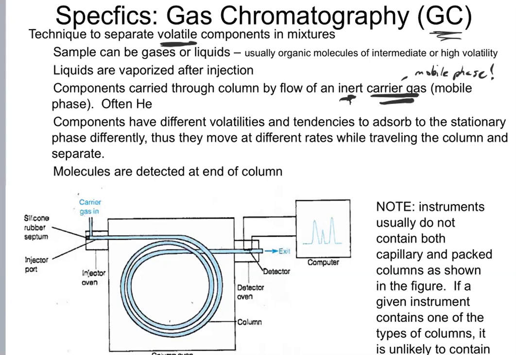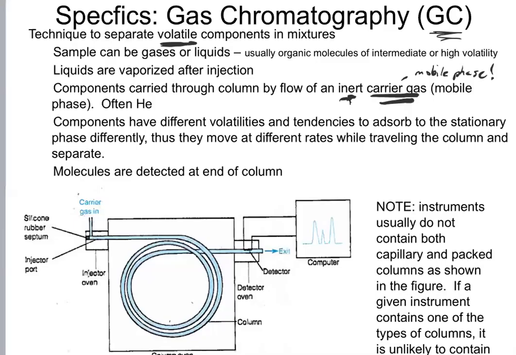When a chemist says something is volatile, basically what that means is that it has a high vapor pressure.